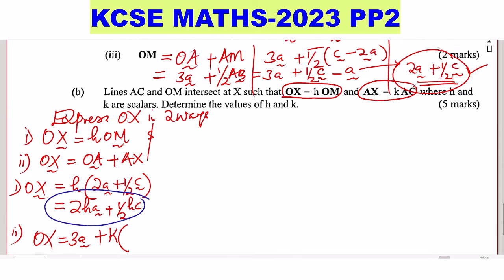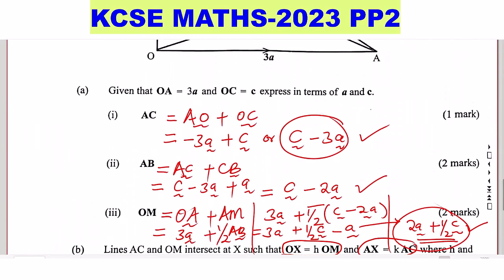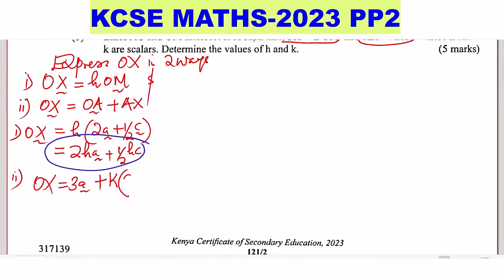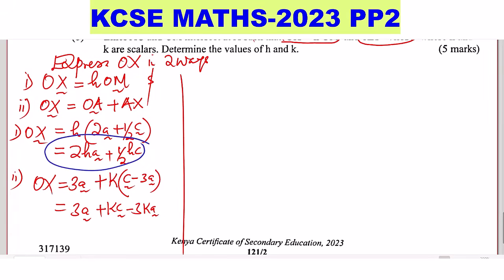Now we have AC in part 1, which is here, C minus 3A. In the brackets, you get 3A plus KC minus 3KA, like that. Now you have two expressions of OX.